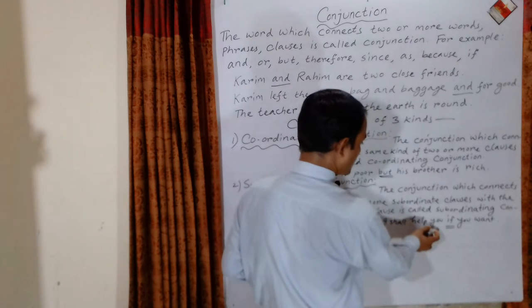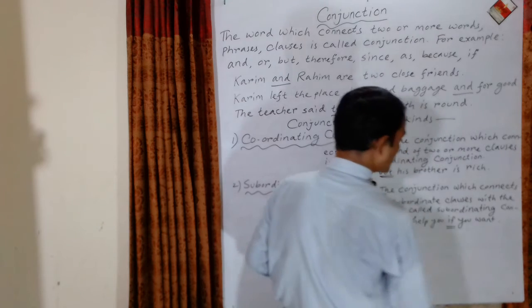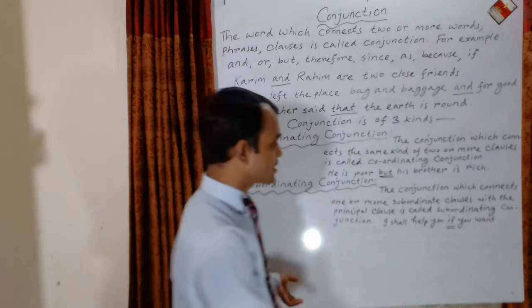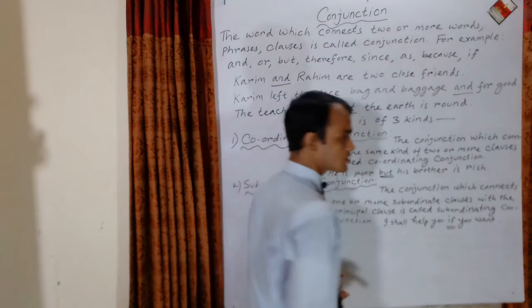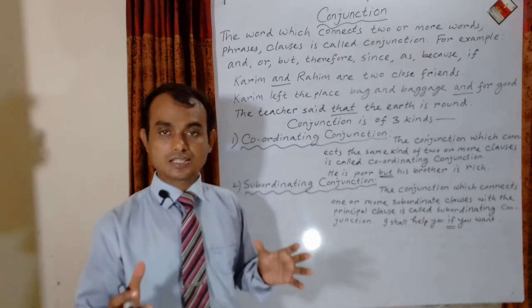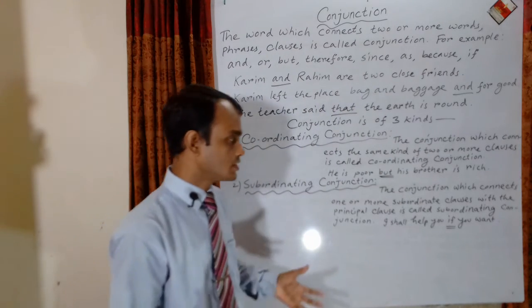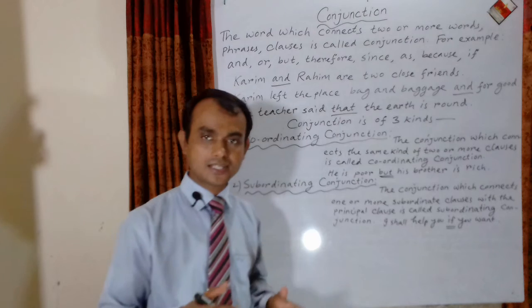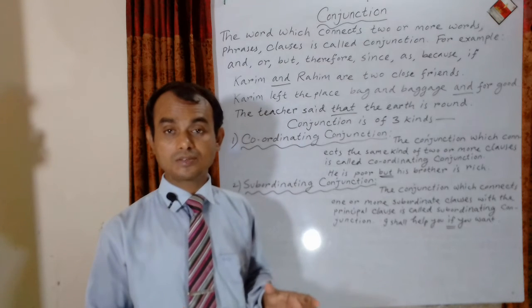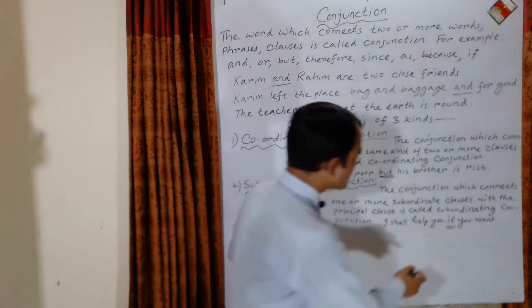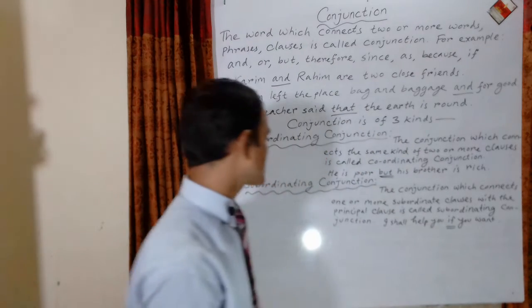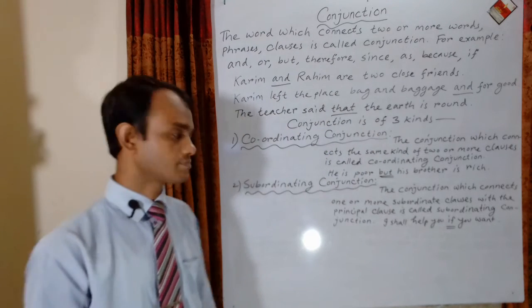I shall help you, one clause. If you want, another clause. I shall help you, this is the principal clause. If you want, this is the subordinate clause. These two clauses have been connected with the conjunction if. So this if is a subordinating conjunction.